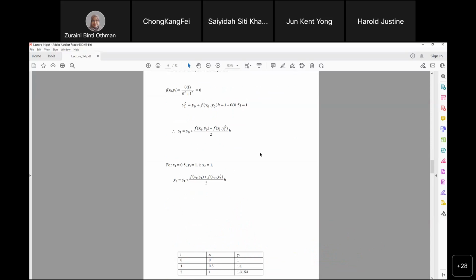And after we get the Y1, sama juga dengan 1.1 here. Okay, then after we get Y1 and this is the value of X1, then we have to find Y2. In order to get Y2, we have to solve for this first by using Euler Method.